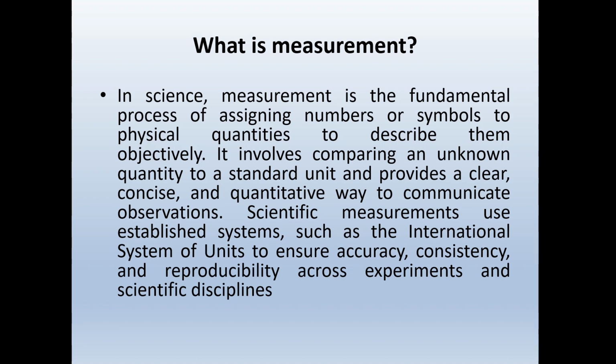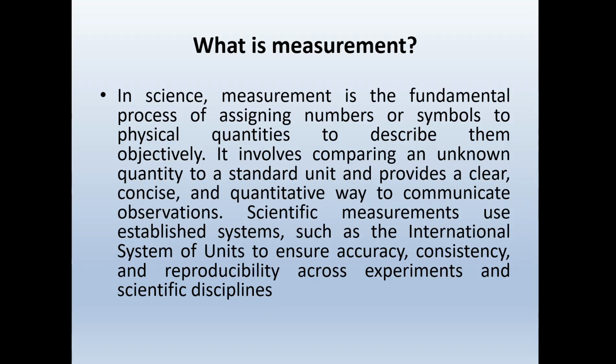So we say that it involves comparing an unknown quantity to a standard unit and provides a clear, concise, and quantitative way to communicate observations. Now, if you listen to the examples I cited, when you say a cup of water, it's clear enough, it's concise.